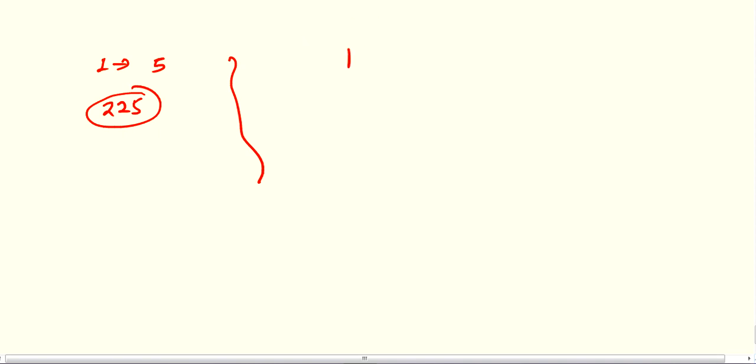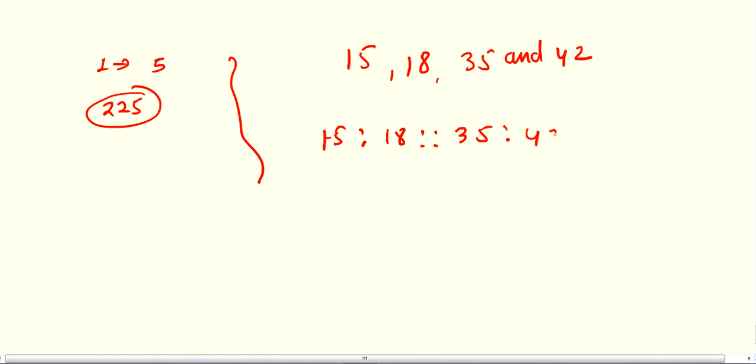Then question number 12. 15, 18, 35 and 42 are given to you. So you have to find which is the possible proportion for these numbers. So the first option is 15 is to 18 proportion 35 is to 42.